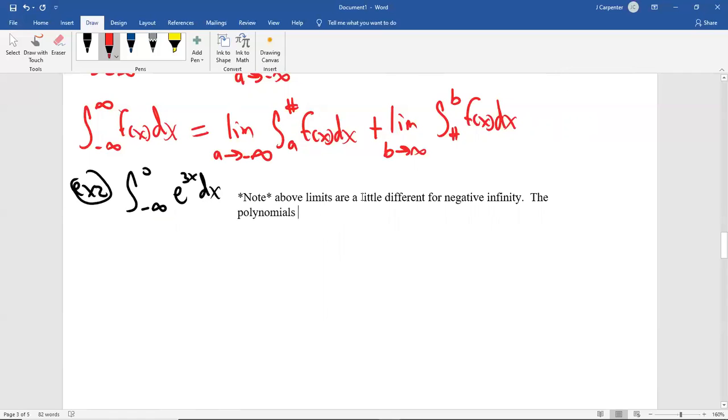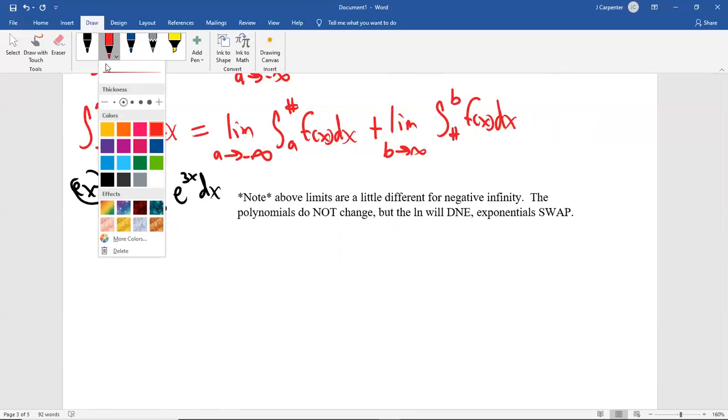The polynomials do not change. The natural log will d and e. The exponentials swap, as just explained. All right, so let's get to the work.